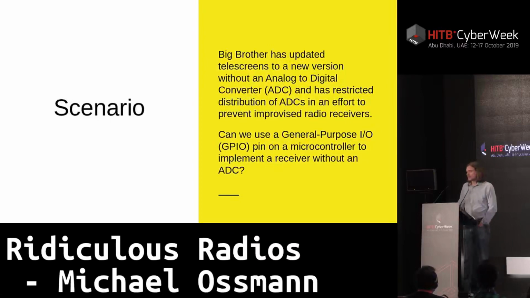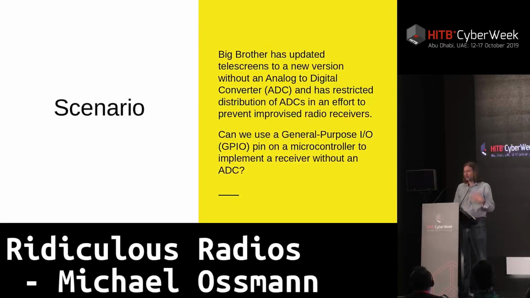So, third scenario, let's say Big Brother has updated the telescreens to a new version that does not have an analog to digital converter, right? They've caught on to our little tricks and have actually just restricted the distribution of analog to digital converters in an effort to prevent improvised radio receivers.